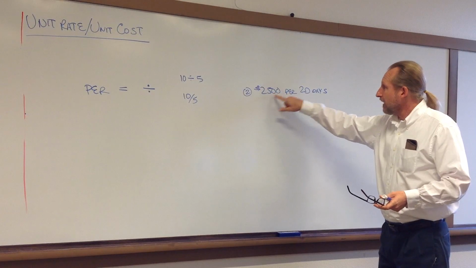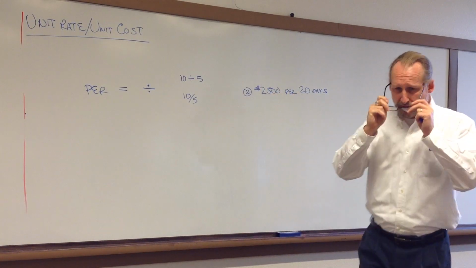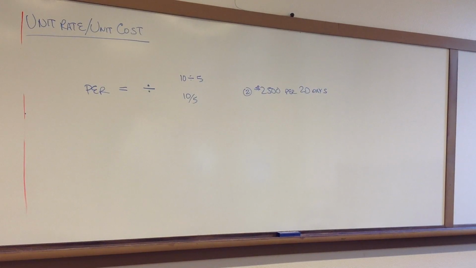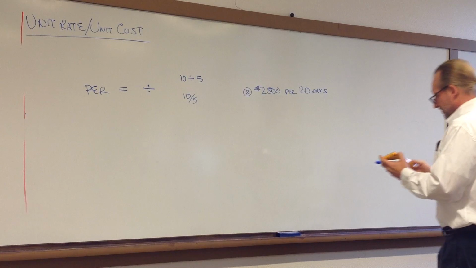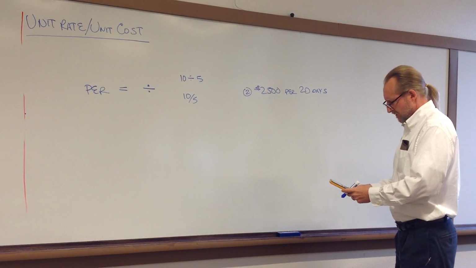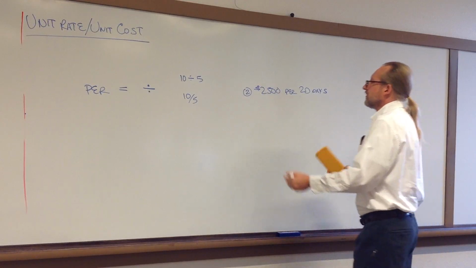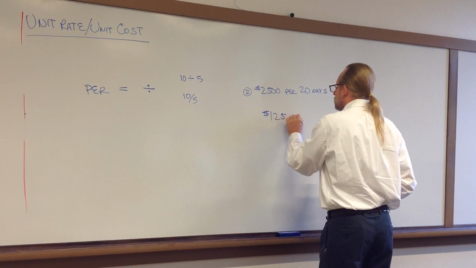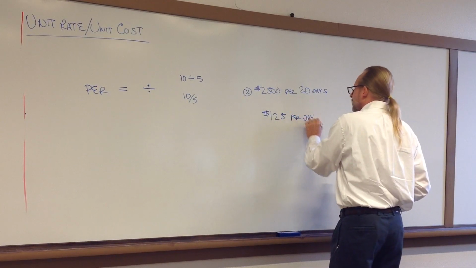So you want to do 2,500 divided by 20. I believe it comes out to $125 a day, but I'll double check that. 2,500 divided by 20, 125. So this is $125 per day.